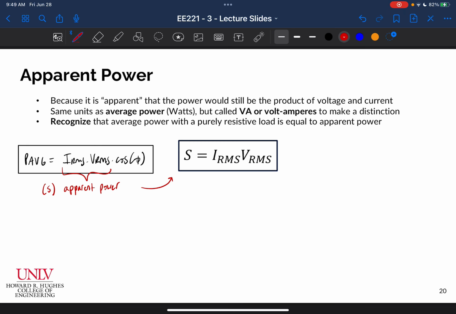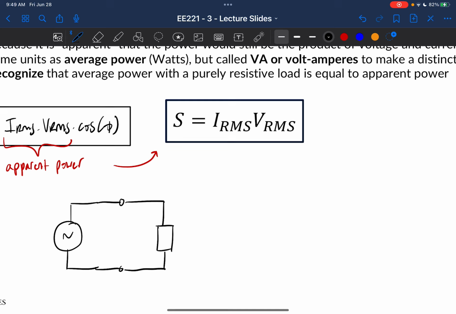So basically, if I have a system or a circuit that has an AC source, and I'm powering some kind of a load that's not purely resistive, this load is going to have some impedance that has a real part and a reactive part.